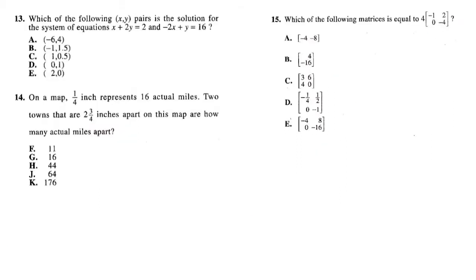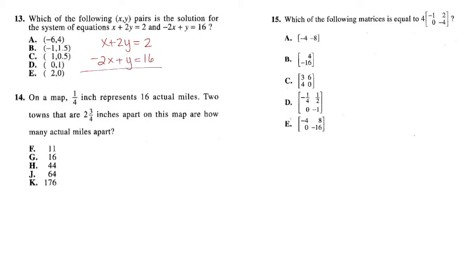All right, so number 13, we're finding a solution to our system of equations. And I would always try to solve this with elimination, if at all possible. So we have x plus 2y equals 2. And I'm going to combine with that negative 2x plus y equals 16.